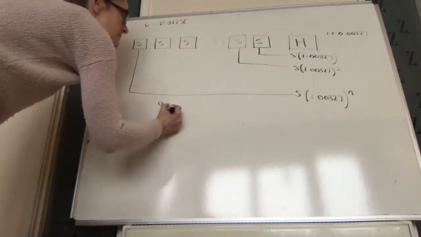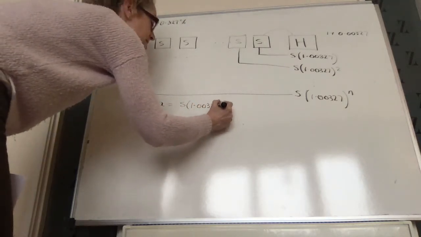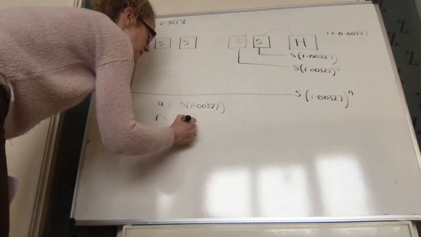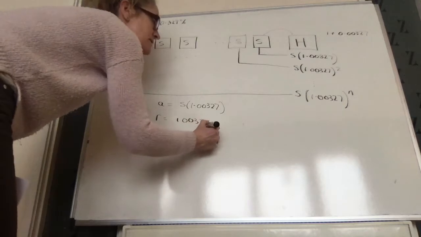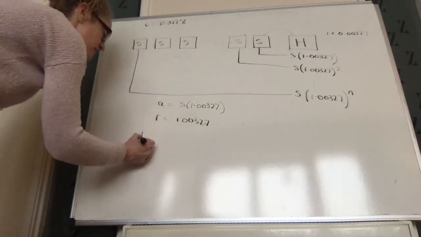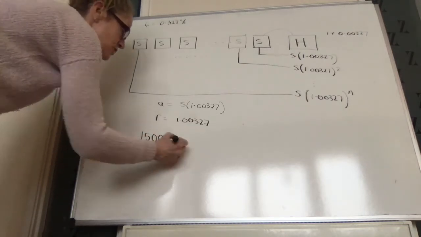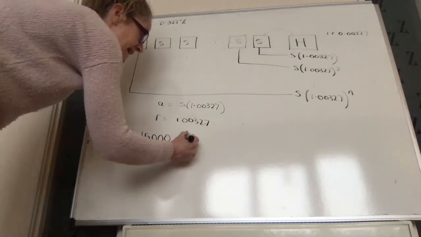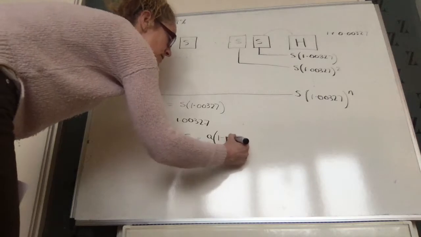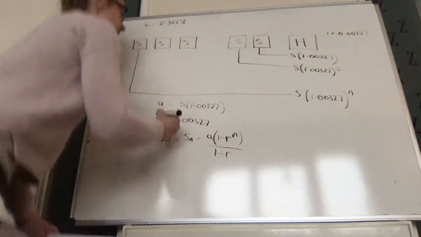The A of the geometric series is S times 1.00327. The R is the multiplier or the common ratio, which is 1.00327. And the H, we know, is 15,000. That's how much she wants to have at the end. So H, 15,000, is Sn, which in this case is A times 1 minus R to the power of n over 1 minus R. So we literally just fill in the values here.